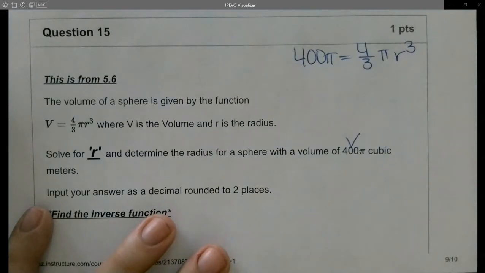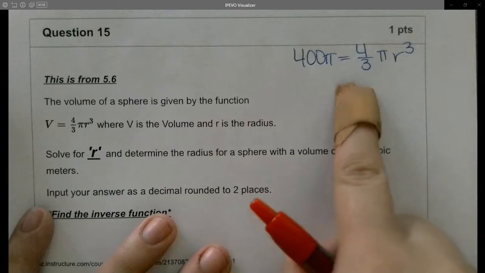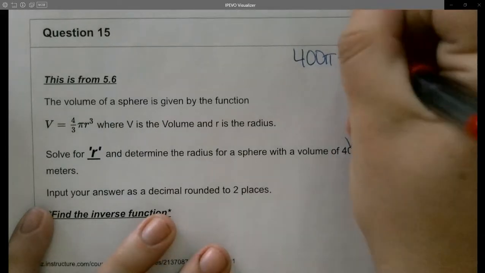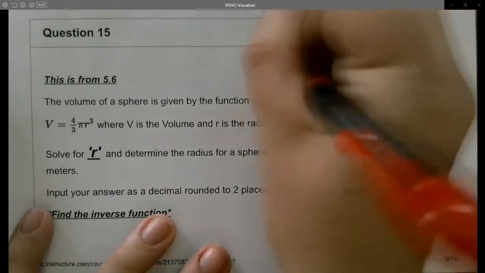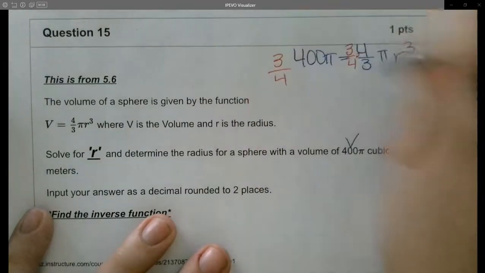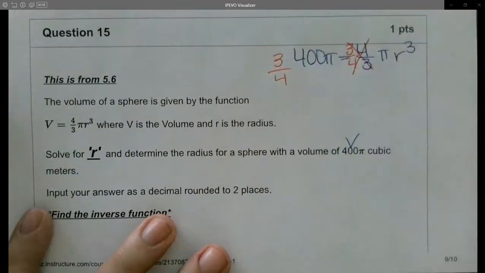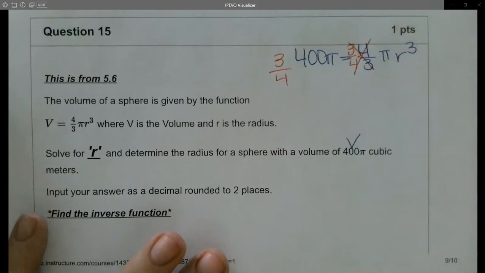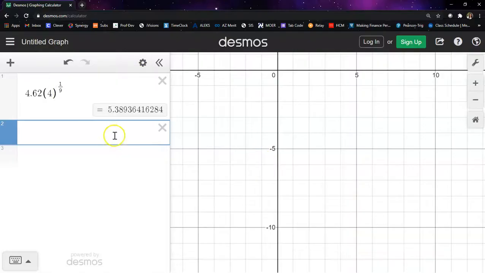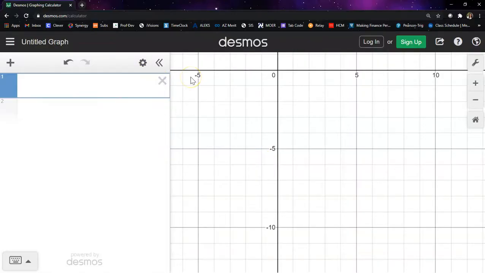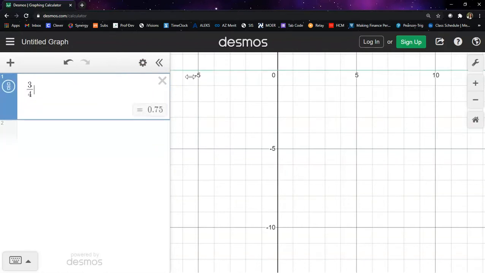Then what I want to do is I want to get rid of the numbers in front. Remember, whenever I have a fraction, the way you get rid of a fraction is you flip it and multiply it. So I want to multiply it by 3/4 on both sides of my equation. It's going to cancel out on the left. And then if I do 3/4 times 400, that gives me 300.